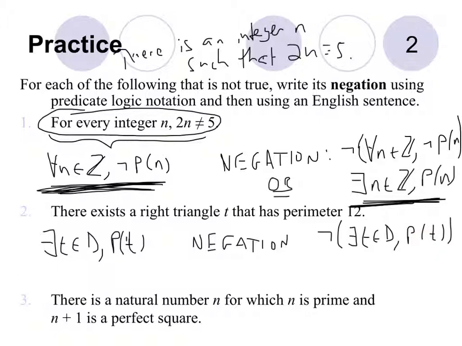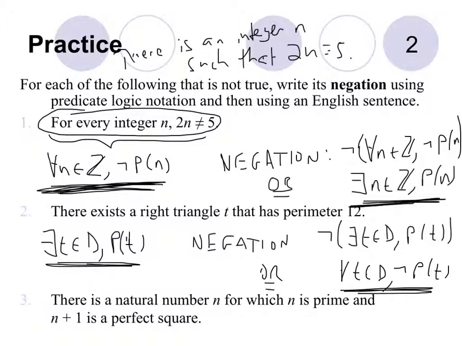That negates the sentence, but my rule for negations and quantifiers says that I can push that negation symbol inside past the quantifier, so that negation moves to here. But the penalty is that the quantifier switches to the other one. So instead of there exists t in D, it's for all t in D. So this is the equivalent of my negated sentence. So these two things are negations of each other.